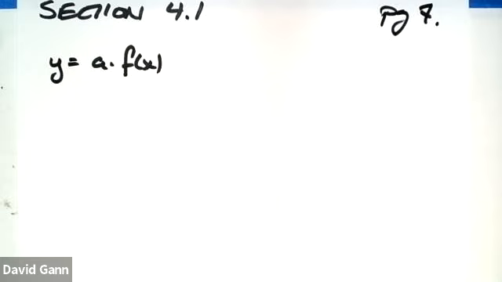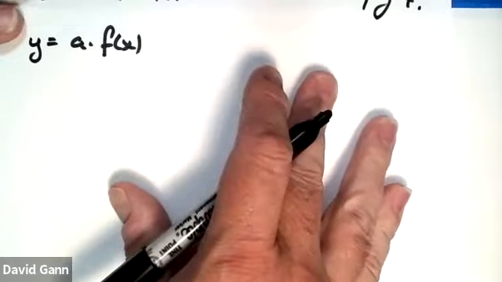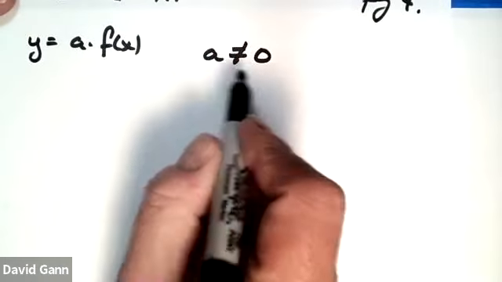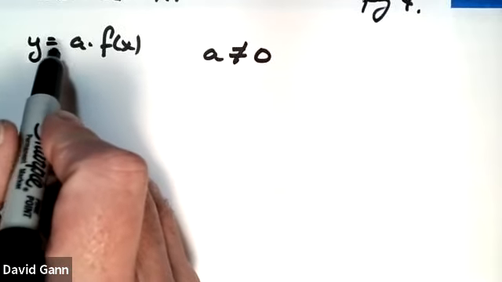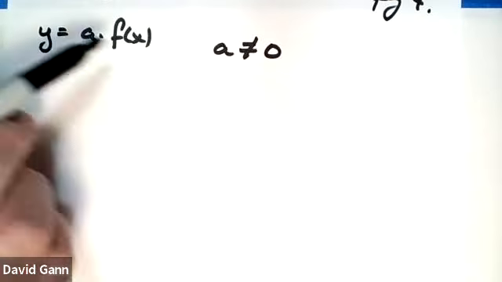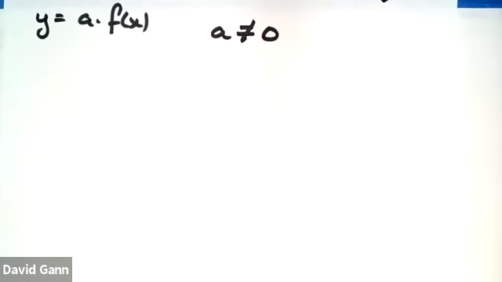So we want to consider values where a does not equal 0. If a is equal to 0, this is a pretty boring function. This is y is equal to 0. But if it's not equal to 0, then you have some interesting things that happen.